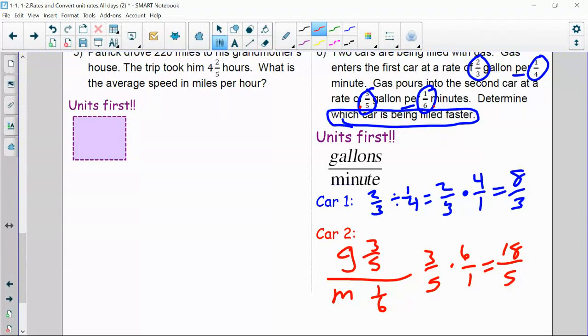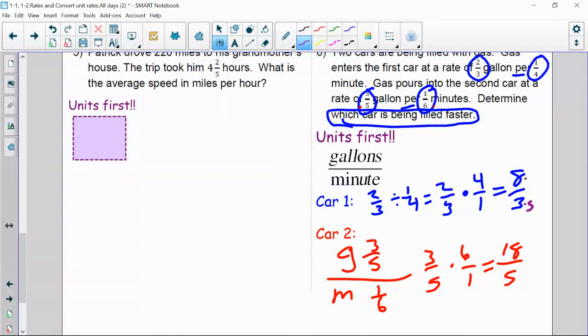All right, so notice now they do not have common denominators, so we cannot just assume it is car 2. We can actually come through and compare these. Well, 3 and 5, common denominator is 15.